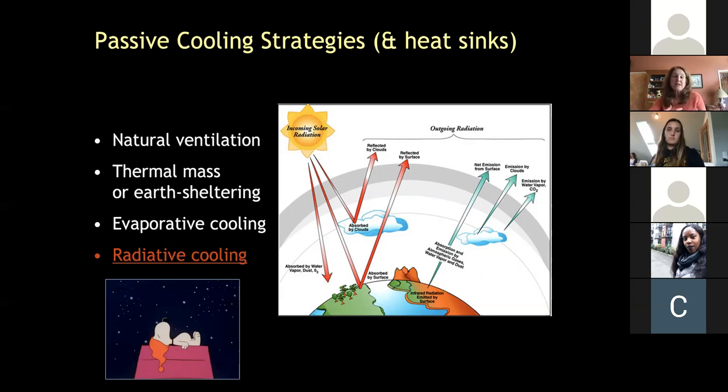But it's only having the balancing effect at night when we're not getting the incoming radiation. So what we're trying to do is take advantage of the same way that the planet is losing heat to the outer atmosphere and that cold night sky, and do that in our buildings as well.